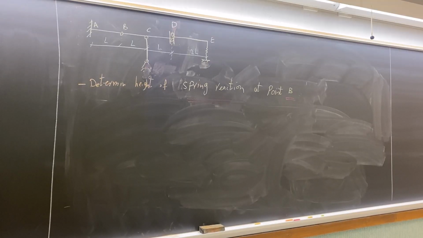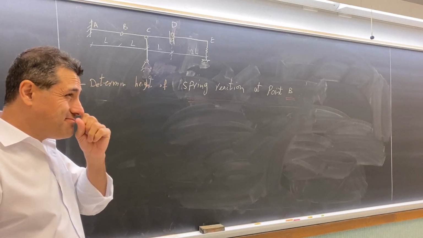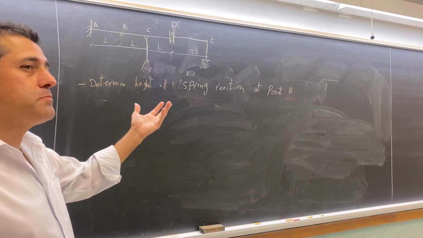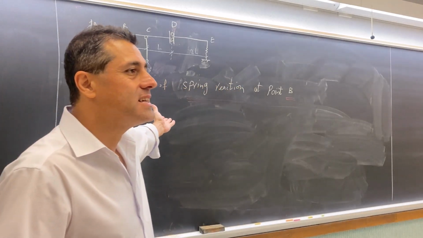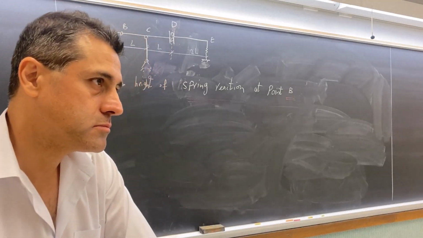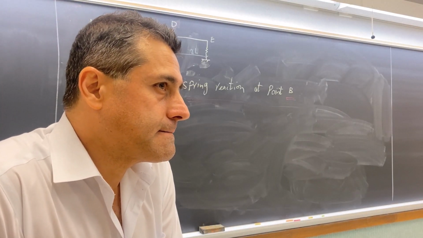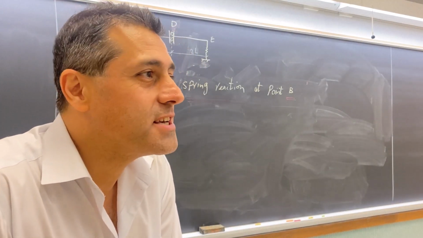So it wants the height of the influence line based on the spring reaction. Clement, I want to make sure you understand. Where should I place the unit load? Point B. Yeah, I'm happy.